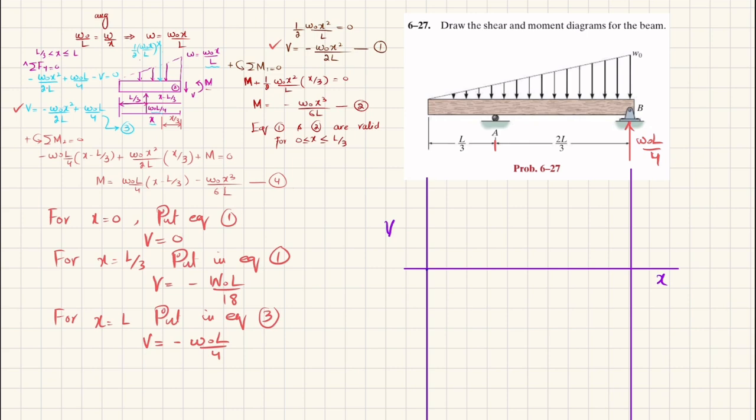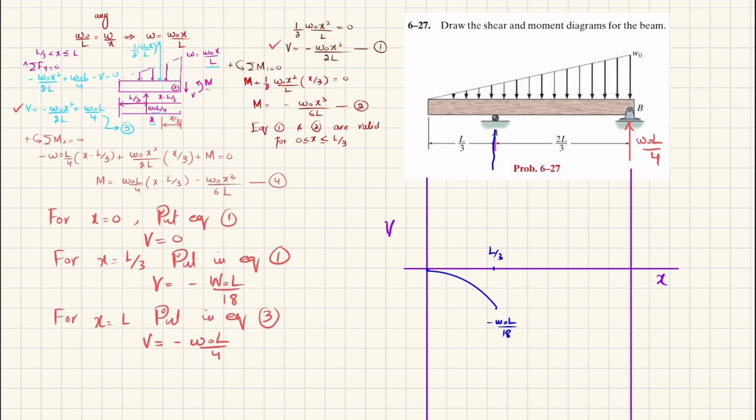So the first point will be this one, and at x is equal to L by 3, v is minus W naught L over 18. Let this point be minus W naught L by 18. Clear? And you can see this load is a linear load, so shear force is a second degree curve, and that is negative. So we will join these 2 points and we will get the shear force like this.